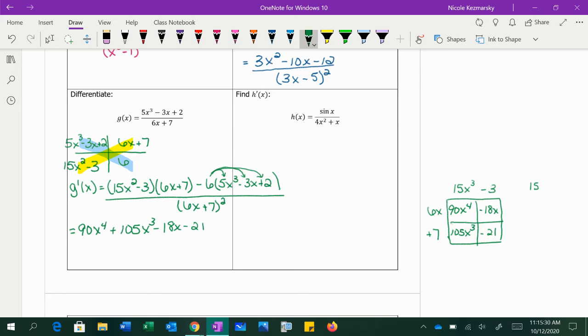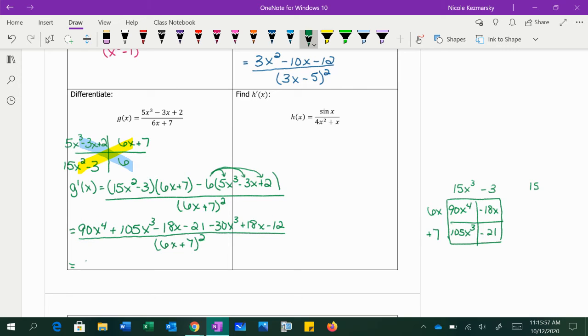Then I'm distributing the negative 6. So I'm going to do negative 30x cubed plus 18x minus 12. Still all divided by 6x plus 7 squared.